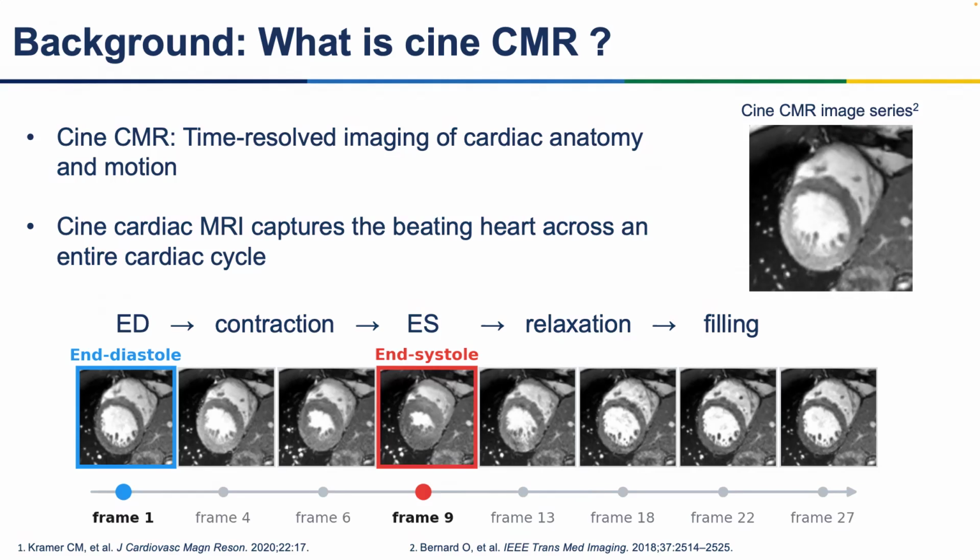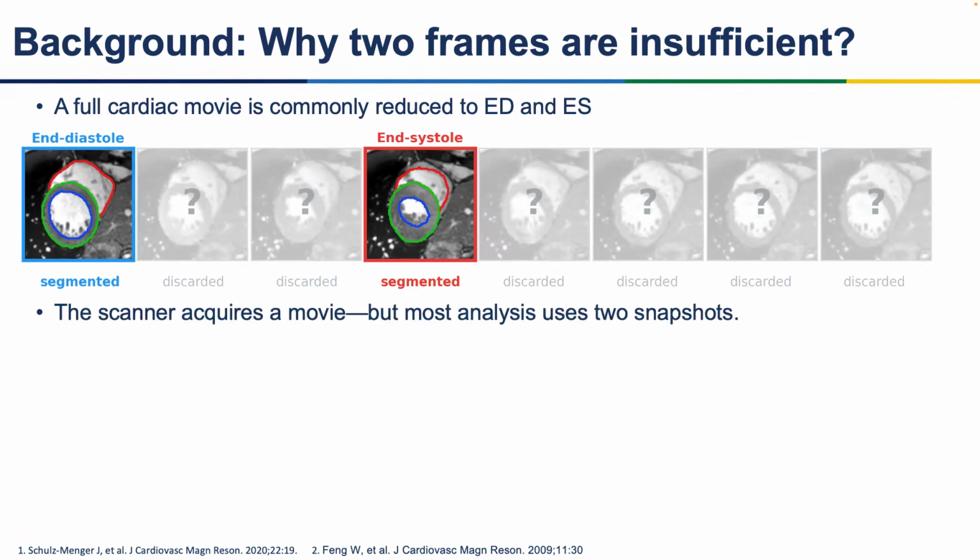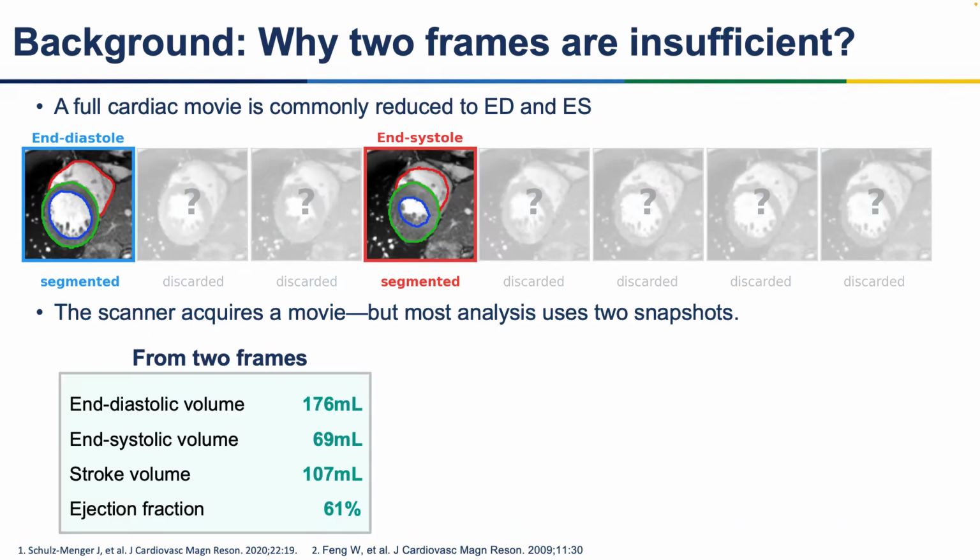However, despite acquiring the entire cardiac cycle, conventional analysis usually focuses on only two frames, ED and ES. Conventional Cine analysis is generally performed at end diastole and end systole. These two phases provide clinically important measurements such as end diastolic volume, end systolic volume, stroke volume, and ejection fraction.